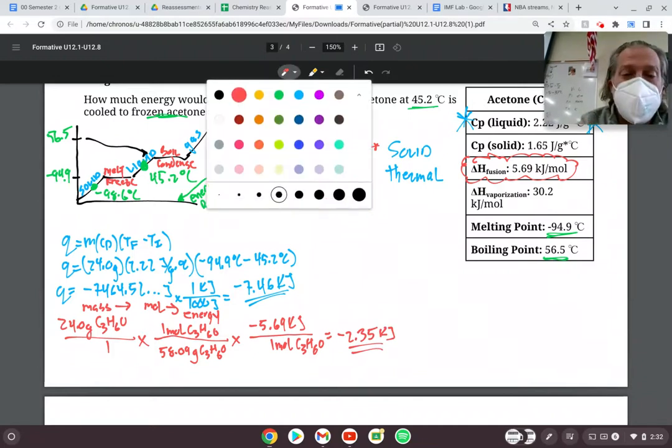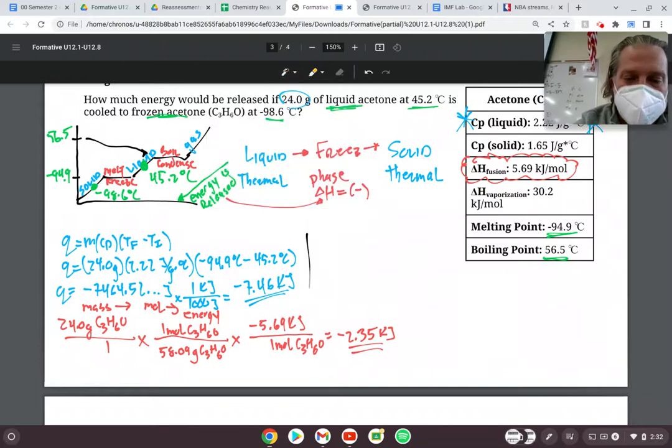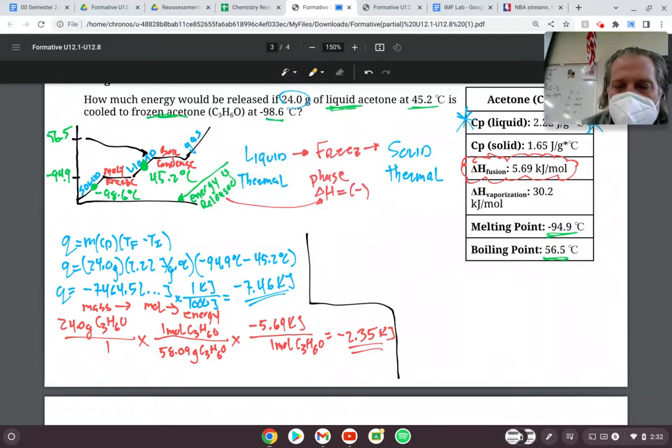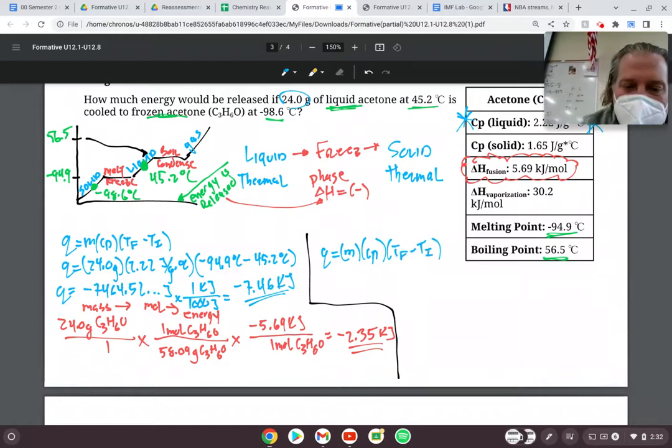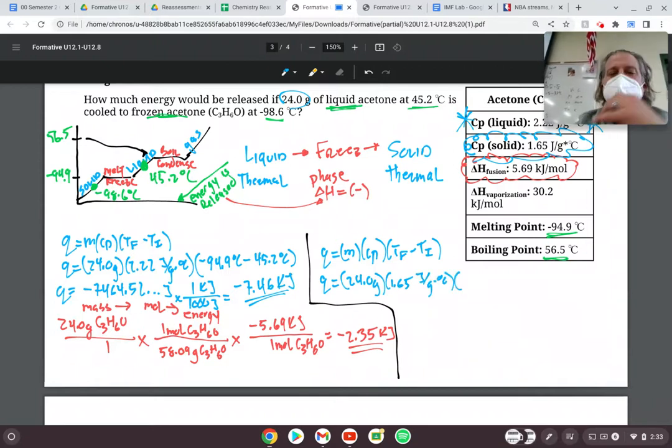The last calculation that we have, well, not the last, but one of the last calculations that we have to do here is another thermal calculation, which, as you may recall, is Q is equal to mass times specific heat times TF minus TI. In this case, mass is still going to be 24.0 grams, but now we're going to use the specific heat for a solid because that's where we're at. So that's going to be 1.65 joules per gram per degree Celsius. And my TI this time is going to be my melting point, which is negative 94.9.